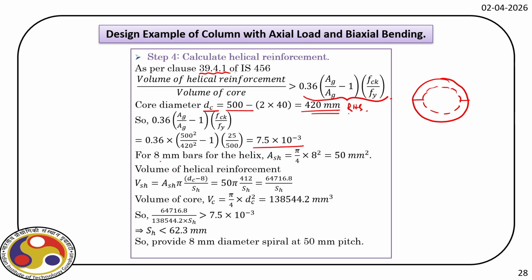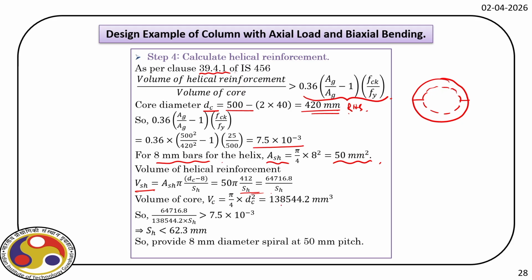Now for 8 phi, Ash, that is the area of the helix, is 50 millimeter square. So volume of the helical reinforcement we can work out. It is, as you can see on your screen, 50 pi times 412 divided by Sh.